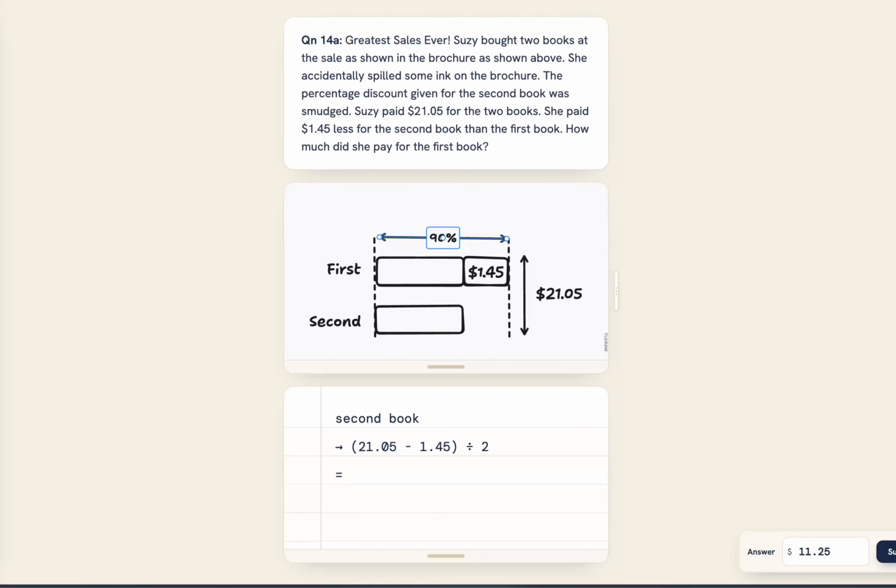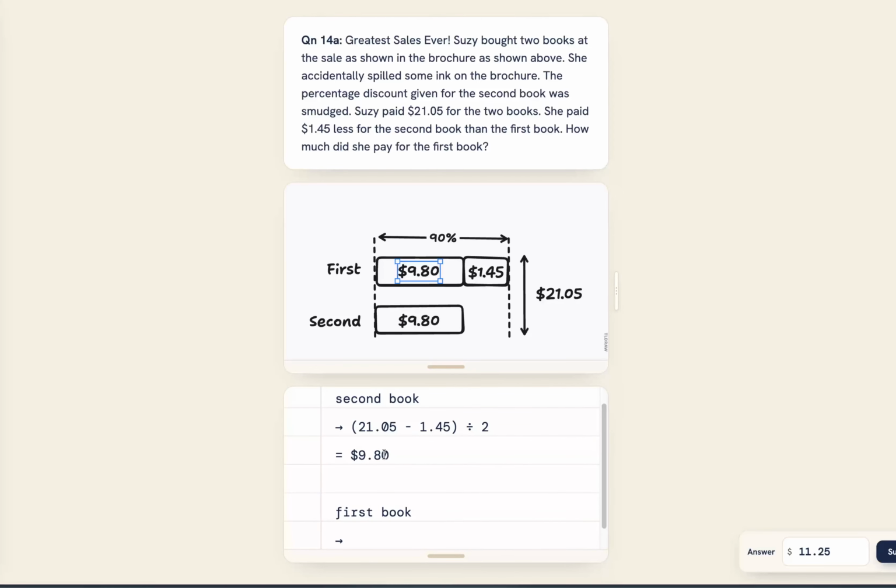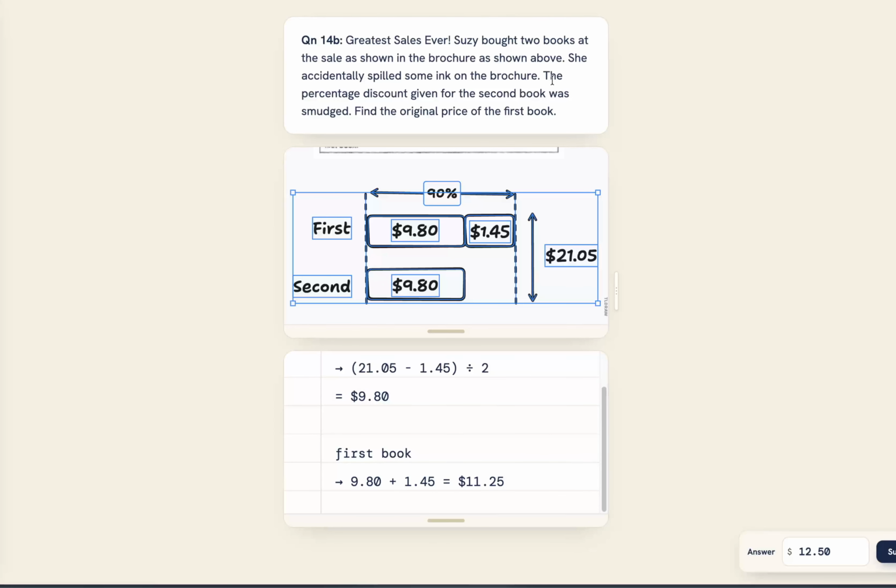This will give us $9.80. So now for the first book, it will be 9.80 plus 1.45. This will give us the first book, which is $11.25.